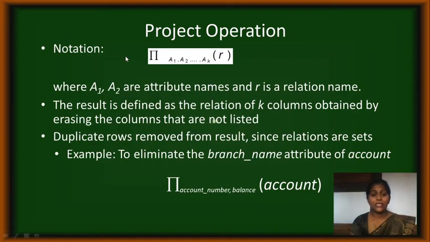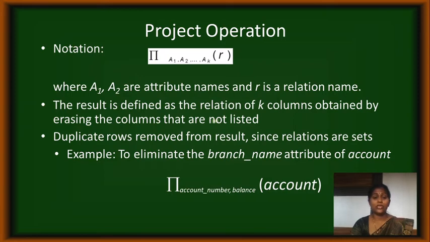The project operation notation is project with the list of attributes you want to retrieve from the relation r, where a1, a2, a3 are nothing but the set of attributes and r is nothing but the name of the relation. The result is defined as the relation of k columns obtained by erasing the columns that are not listed.